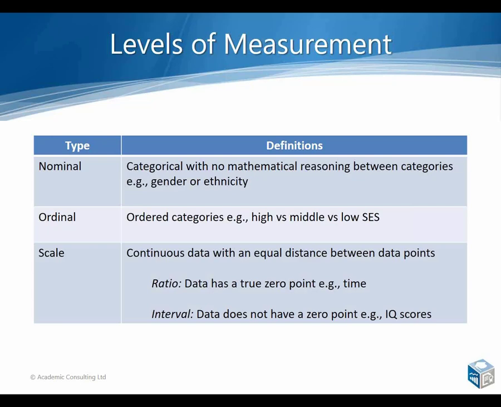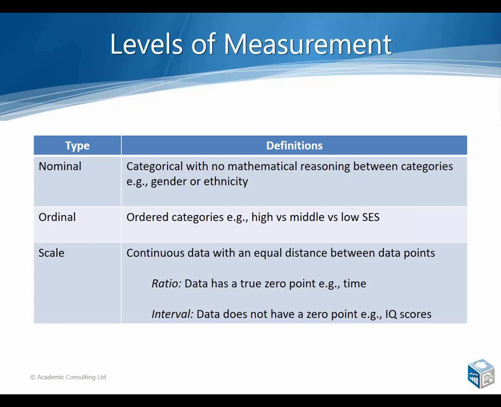So we consider there to be equal distances between the data points. Just in case you're curious, the difference between ratio and interval. Ratio level data has a 0 point, so time would be an example of that, 0 seconds up to 10 seconds.